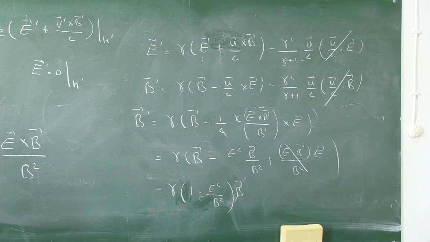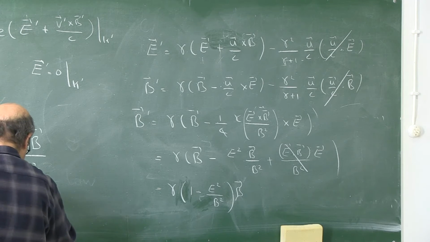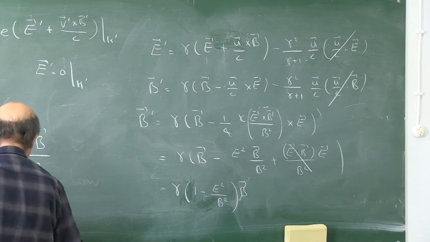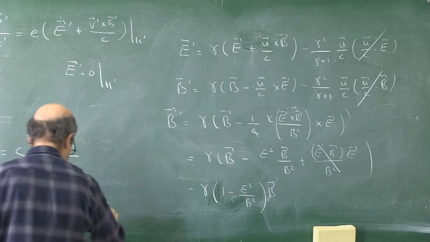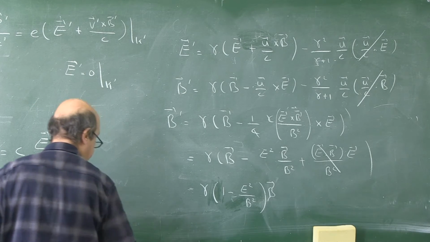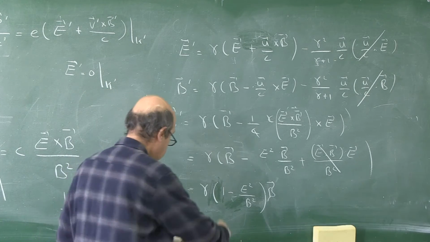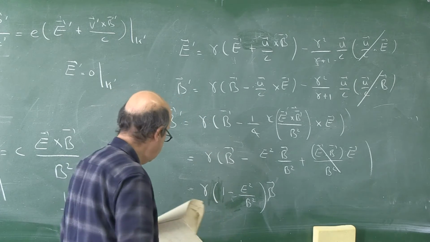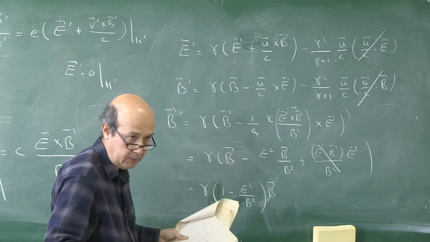And what is E square over B square? If you take the magnitude, E over B is u over c. So from here, E magnitude over B magnitude is u over c, and basically this is 1 minus beta square, and 1 minus beta square is 1 over gamma square.